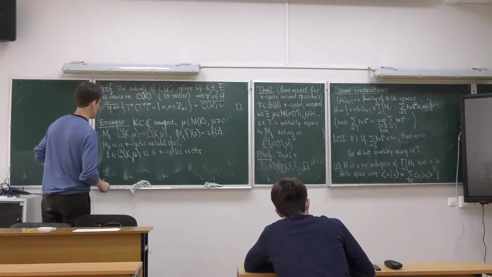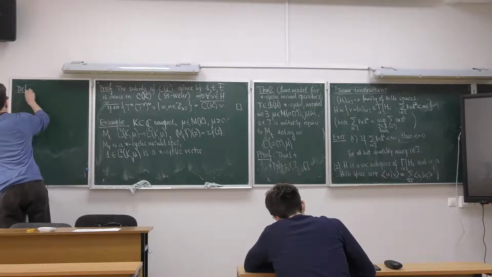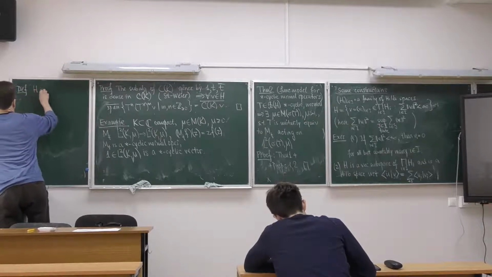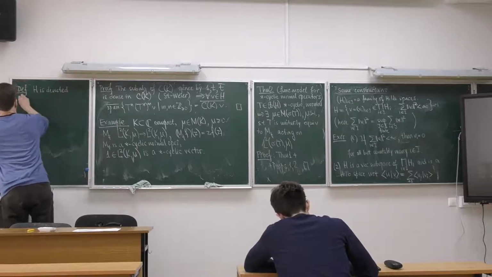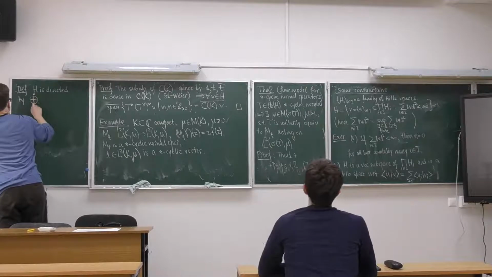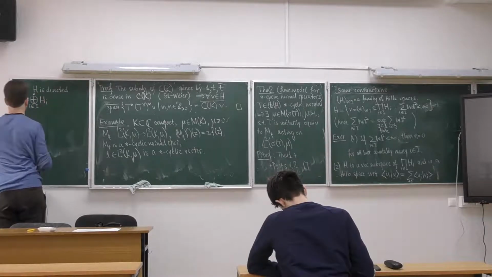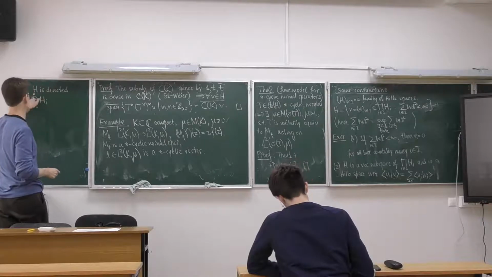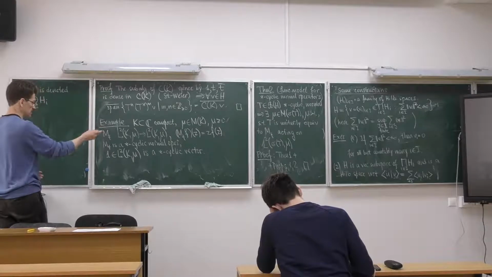And there is a special name for this H. H is denoted by the following symbol. So we use the usual direct sum notation, and we put a dot over the direct sum sign in order to distinguish between the algebraic direct sum and this construction.